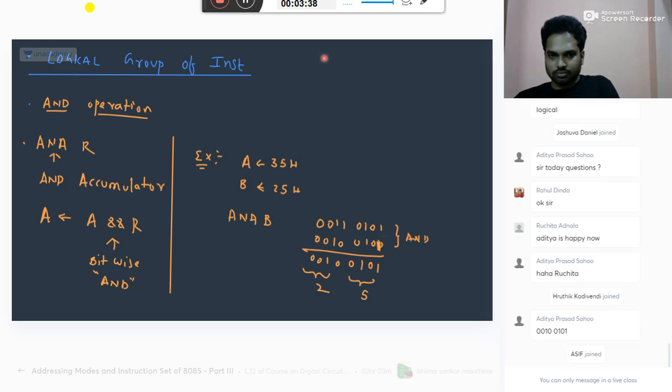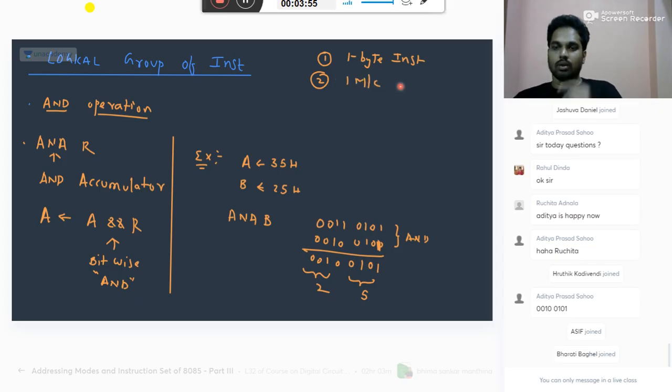Now tell me these things again. It is a 1 byte instruction, 1 machine cycle.